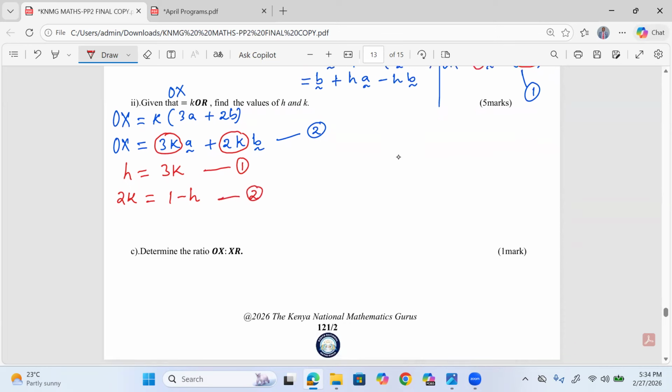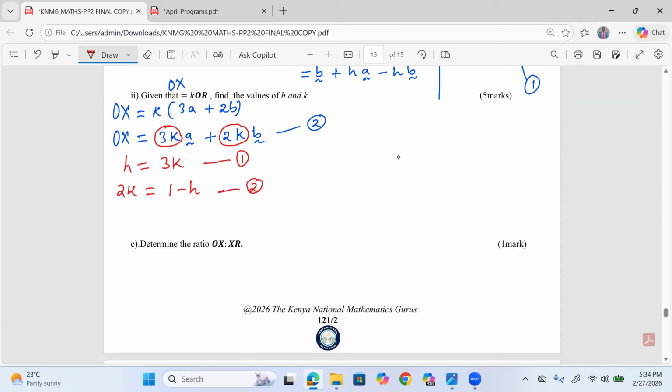Solving the two, we can use substitution, because from equation 1, H has been expressed. Then equation 2 becomes 2K equals 1 minus, instead of H, we have 3K. So this becomes 5K equals 1. So the value of K equals 1 over 5.